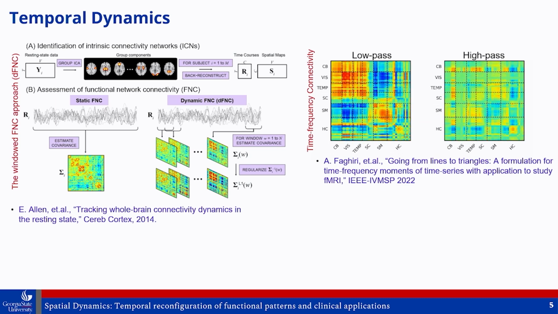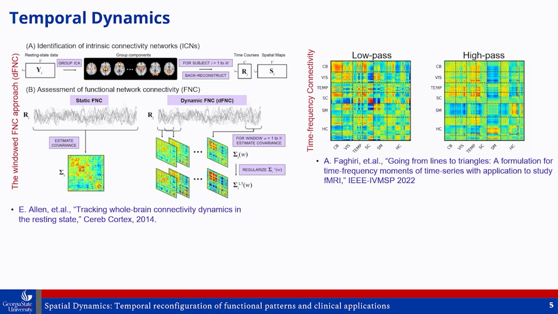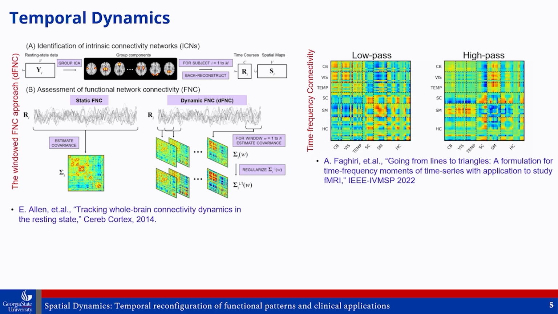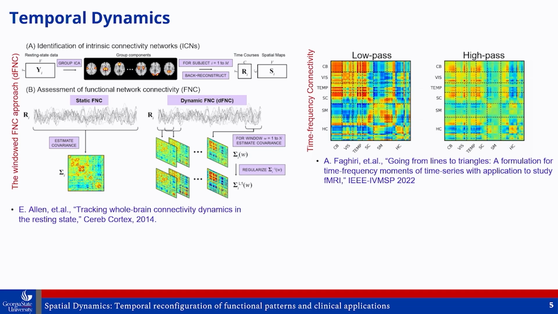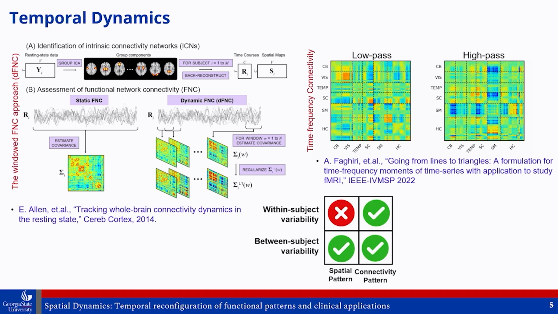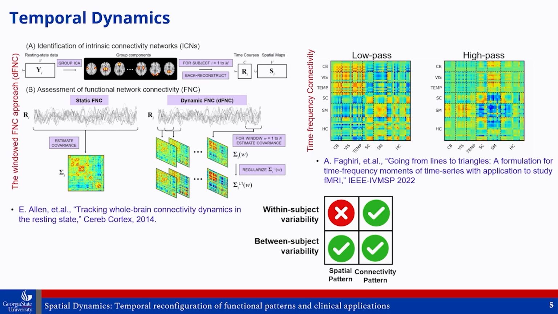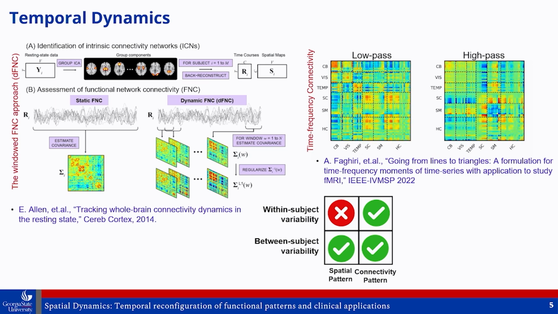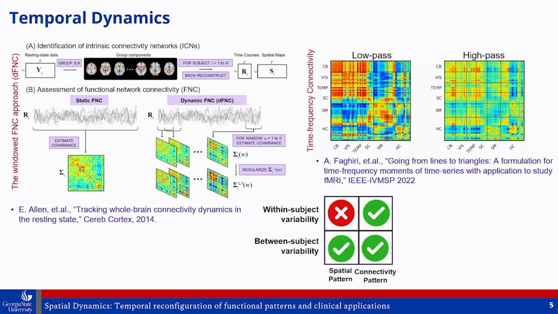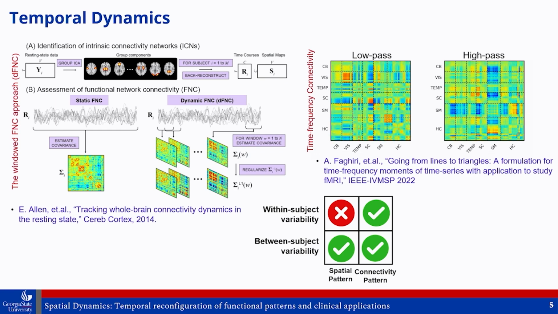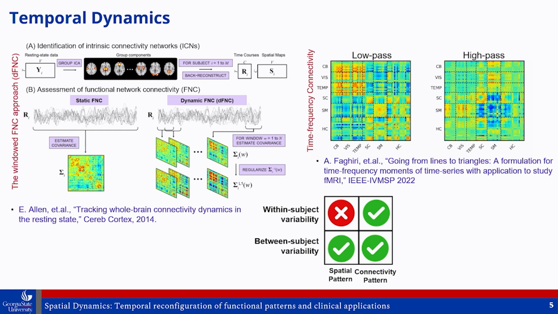These approaches pushed the field forward. They allow us to capture within-subject variability, or temporal dynamics, but they do not account for variation in the spatial pattern. In the same way that the connectivity interaction between these networks can vary over time, the spatial pattern can also evolve over time and undergo changes.